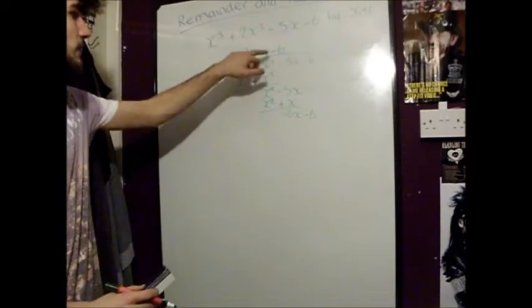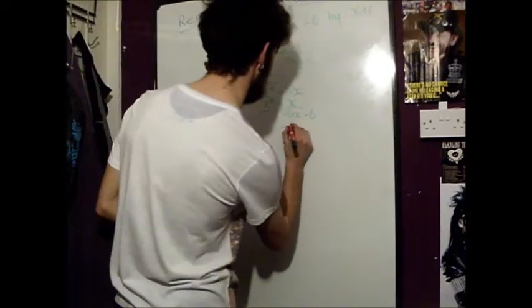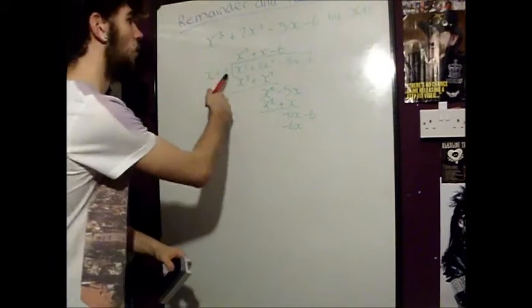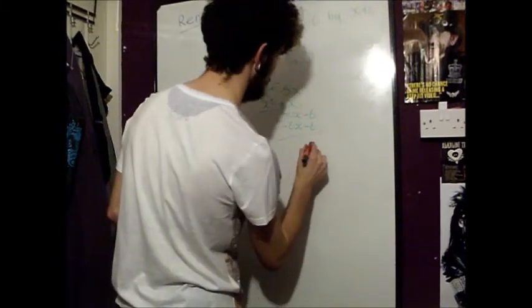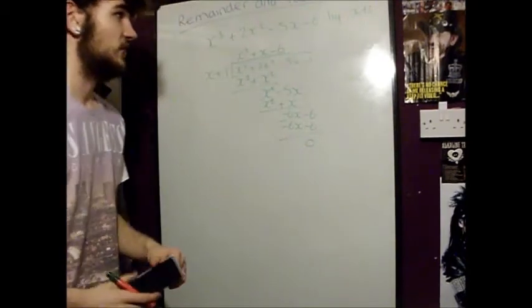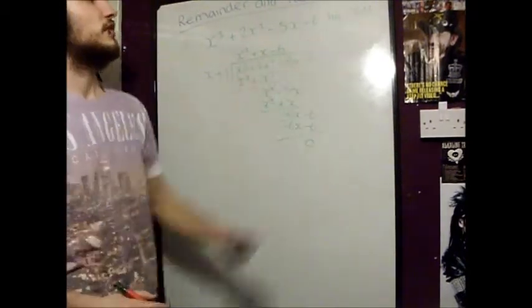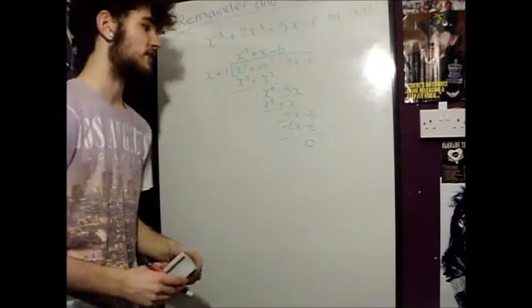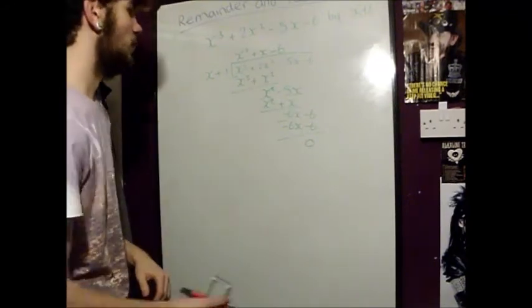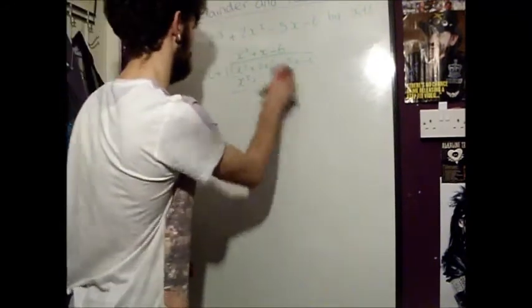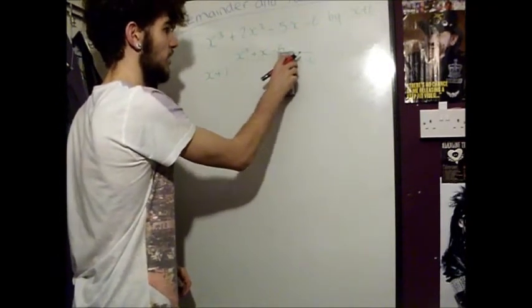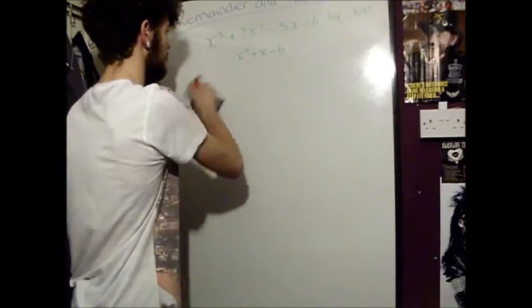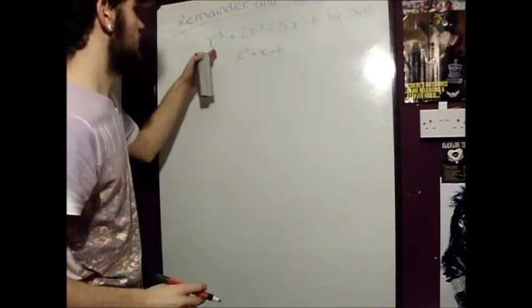So x times minus 6 is minus 6x. 1 times minus 6 is minus 6, and of course they cancel out to give us 0, as we proved that x plus 1 is a factor by the factor theorem. So we now have our quotient, the quadratic equation that the linear equation has to be multiplied by to give us this cubic equation.